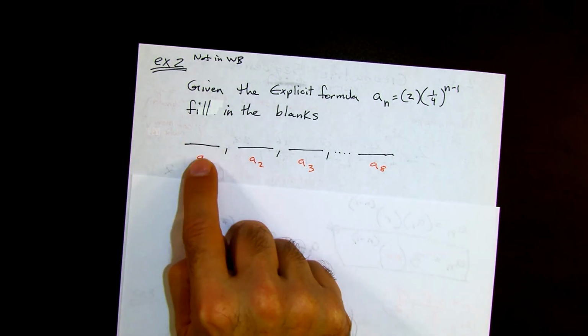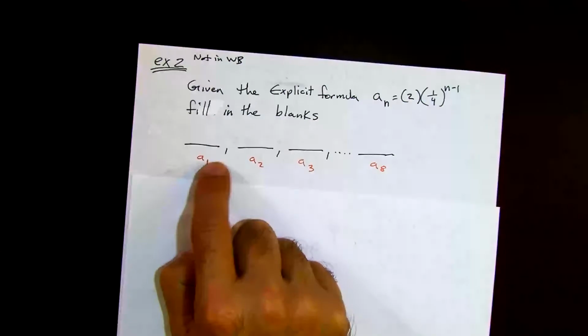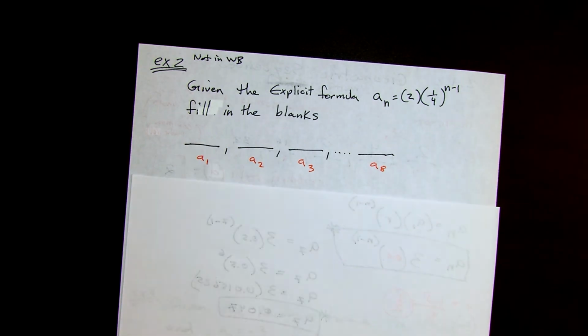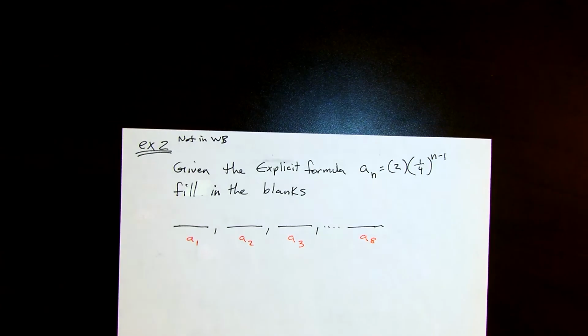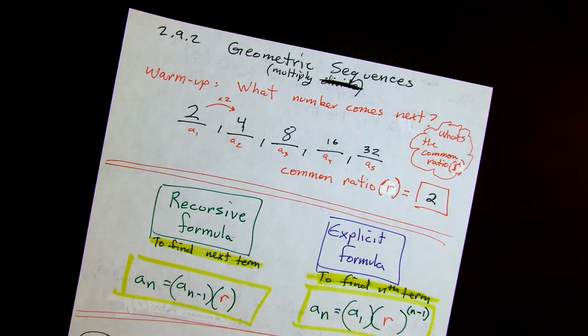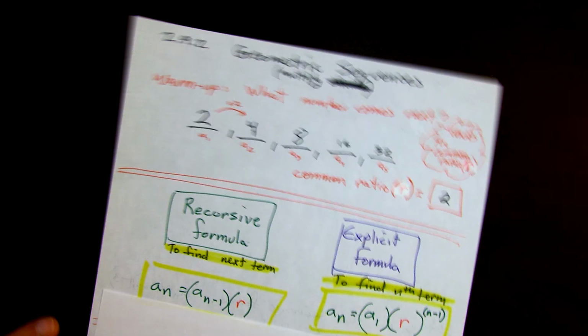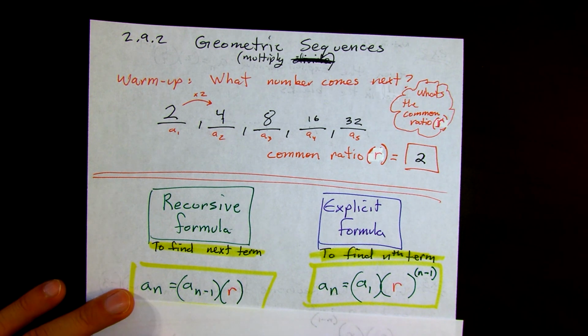If I just need to fill in these, I think if I found the first, a sub 1, I'd be able to put it in here. And let's see where, whoops, it's on the other side now. So I'm just going to copy these down again so you guys can see them. Explicit formula.